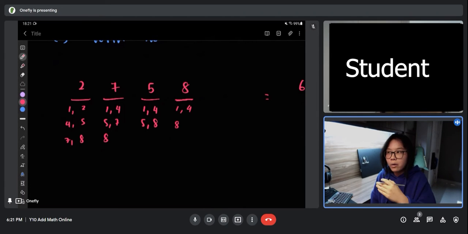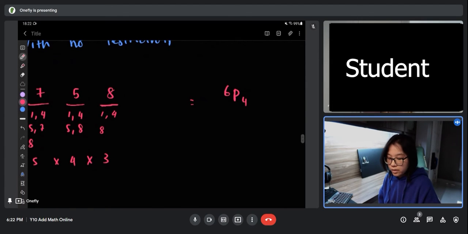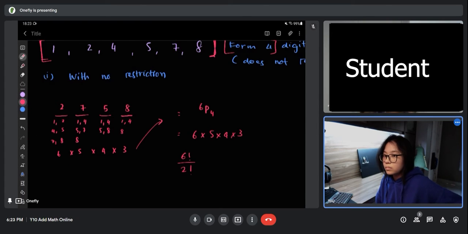Just like factorial, it's 6 times 5 times 4 times 3. Basically, permutation is the same thing as factorial, but now we are limiting it to 4 options. So we take 6P4, which really just means 6 times 5 times 4 times 3.